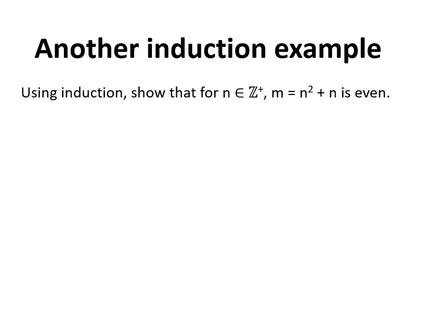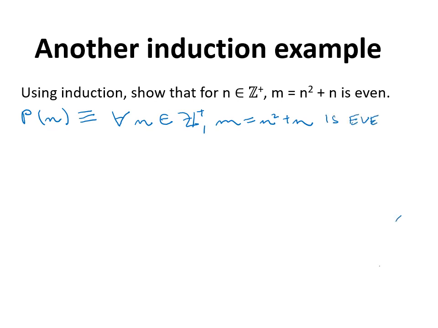So in this case, P of n is equivalent to, for all n element of positive integers, m is equal to n squared plus n is even. Okay, so that's our predicate P of n. So that's our problem statement.